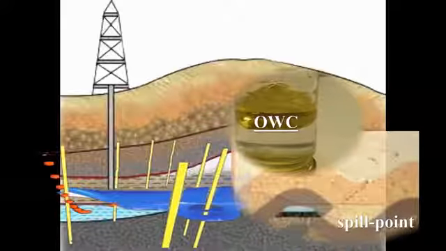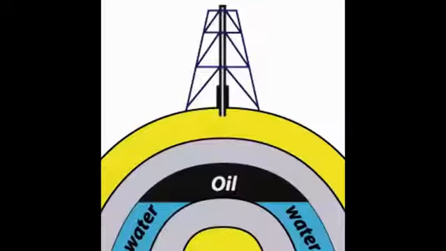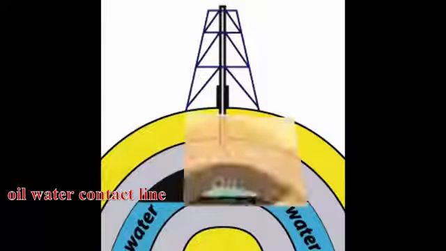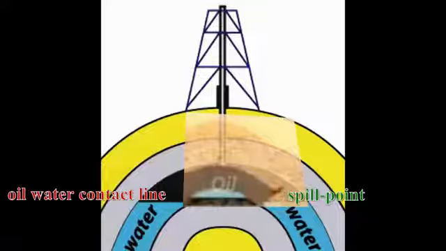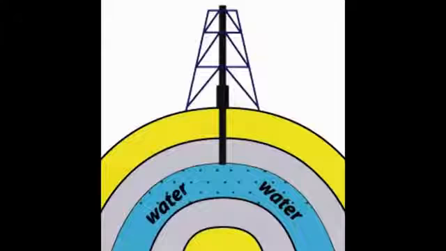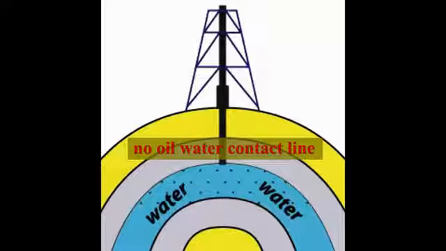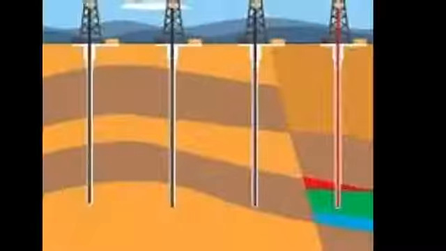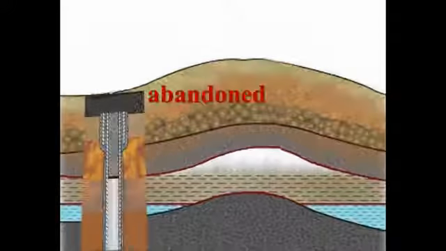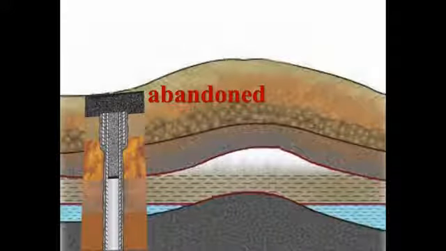Again, explained in Chapter 3. If the reservoir is full of oil, then the OWC will be at or near the spill point. On the other hand, if only water is encountered, this indicates that there is no oil-water contact line and that this delineation well is outside of the boundaries of the pay zone. It will be abandoned as a dry hole.